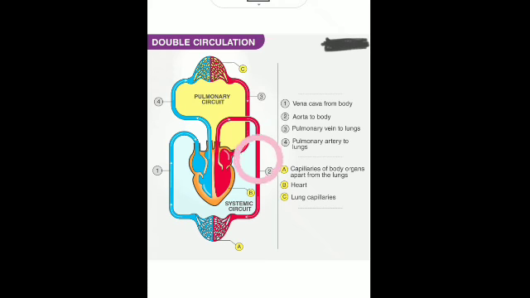Into the aorta. Is it clear? Into the aorta. And aorta distributes the blood to all the parts of the body.